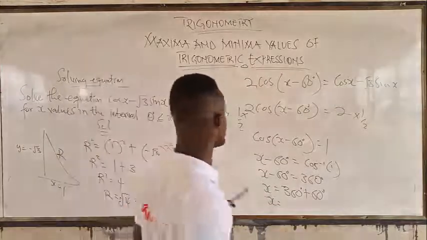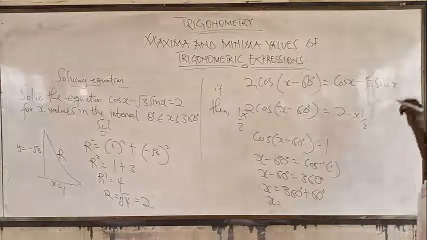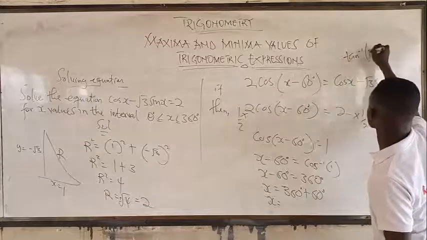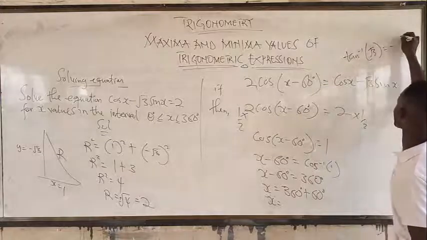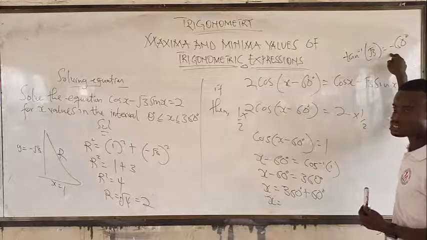So I think the tan inverse of square root of 3 will be giving you negative 60 degrees. Alright?